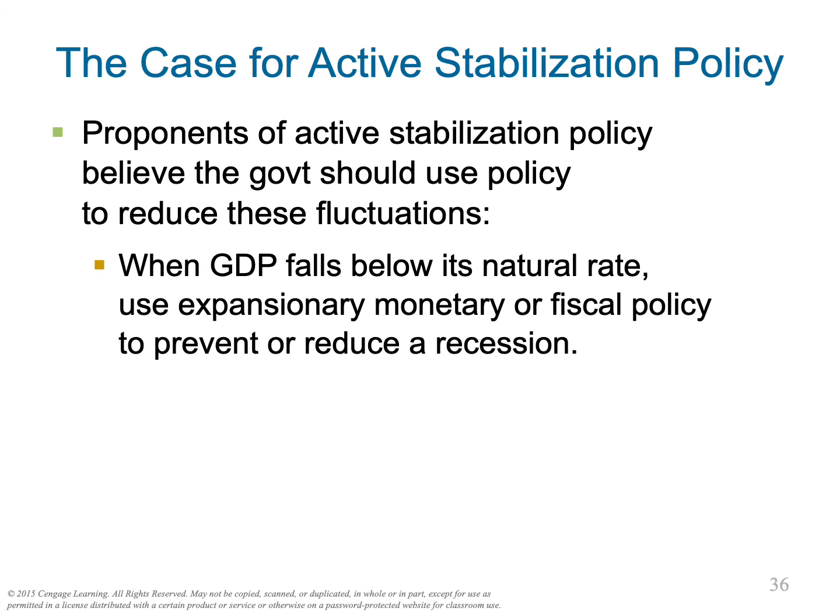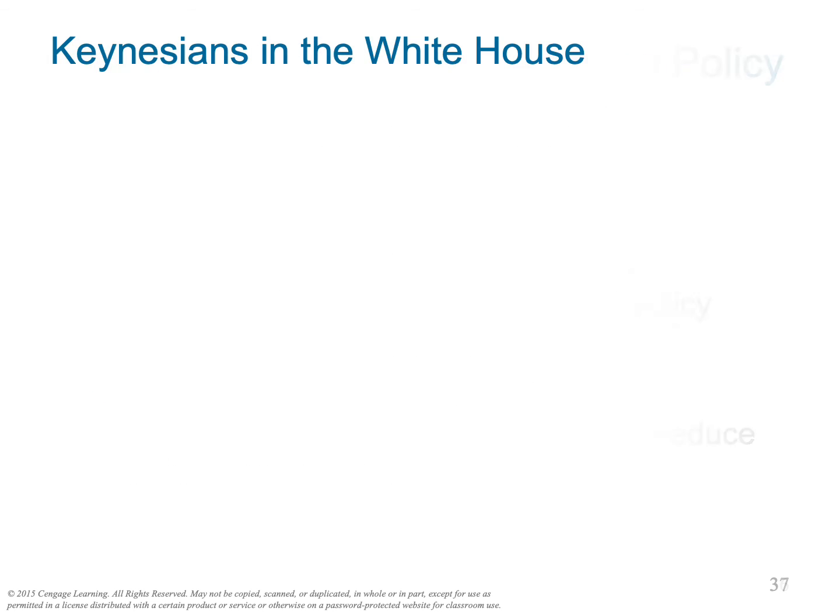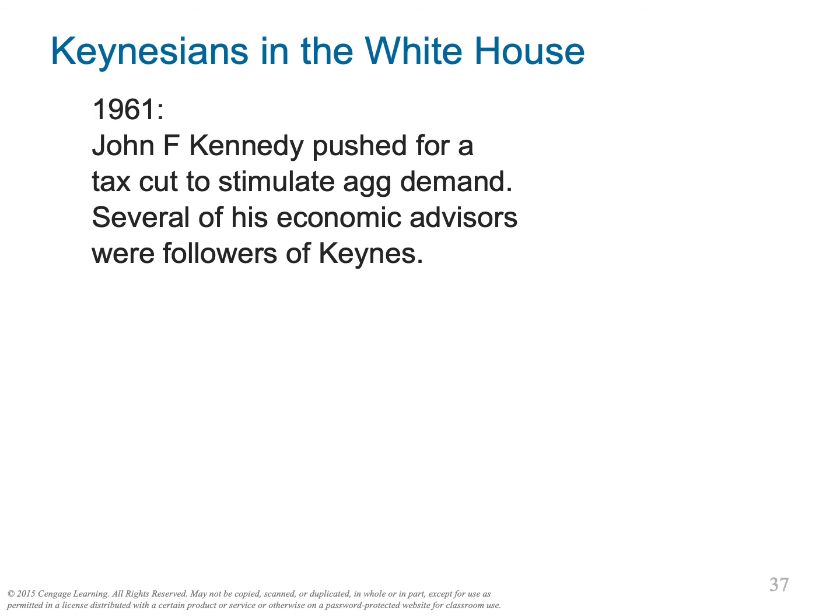And similarly, but the opposite case, when GDP goes above its natural rate, the government should use contractionary policies to prevent or reduce an inflationary boom. Okay, lots of examples of Keynesians in the White House. John F. Kennedy had lots of Keynesian economic advisors.